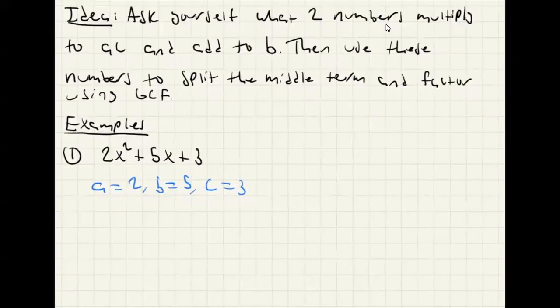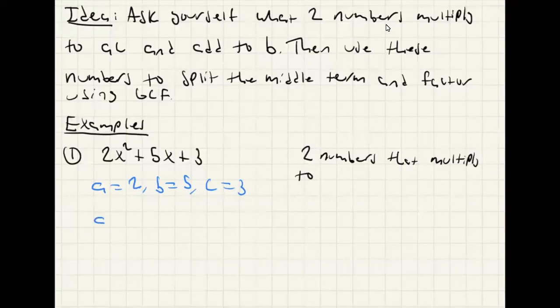So we want two numbers that multiply to a times c. A is 2 and c is 3, so that means that a times c is 6, because that's 2 times 3. So we want two numbers that multiply to 6 and add to 5.